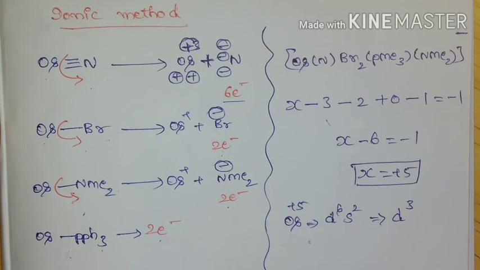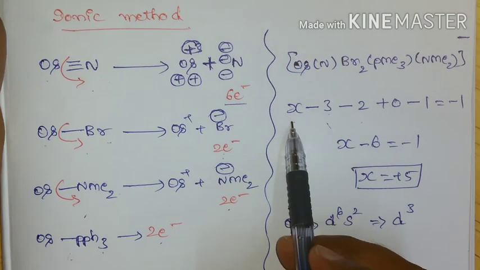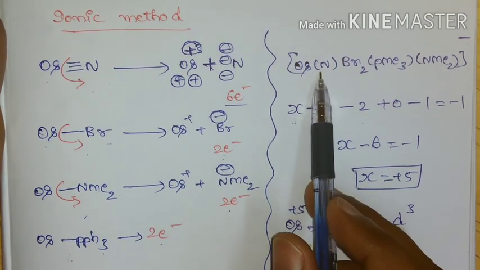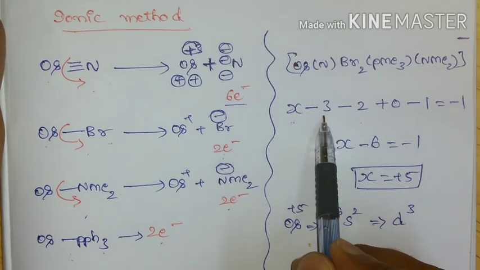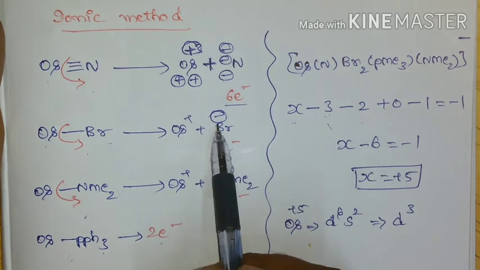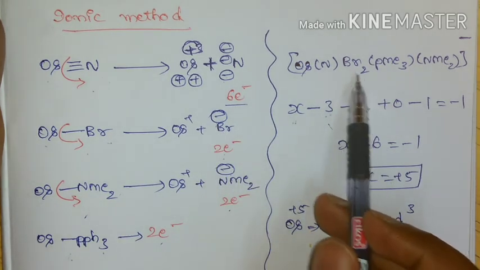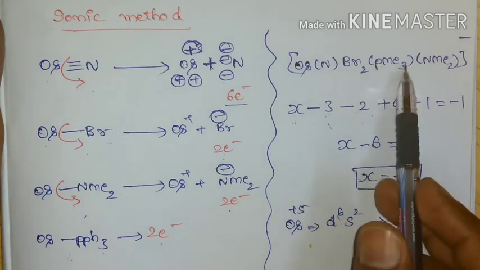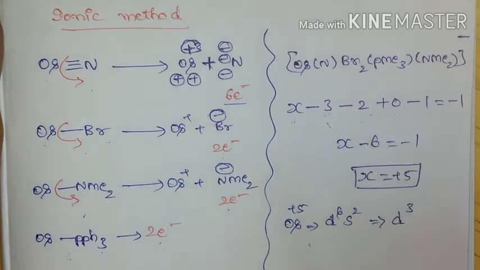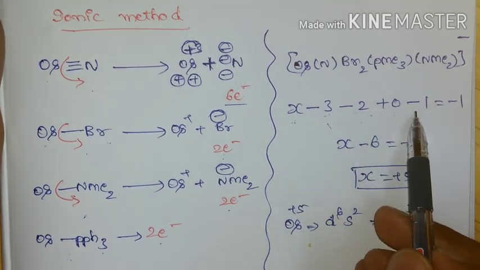And here we need to find the oxidation state of the metal X. Here nitrogen, since it is carrying a minus 3 charge, minus 3, Br is carrying minus 1. So since 2 Br ligands are present, minus 2, PMe3 neutral ligand is going to carry 0 charge.